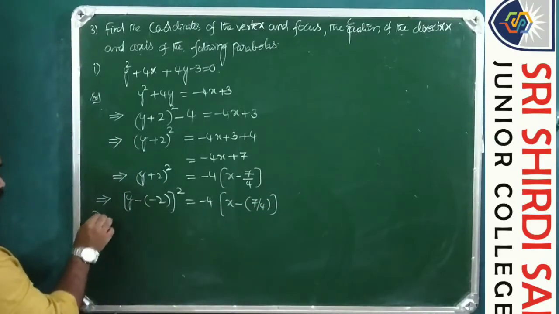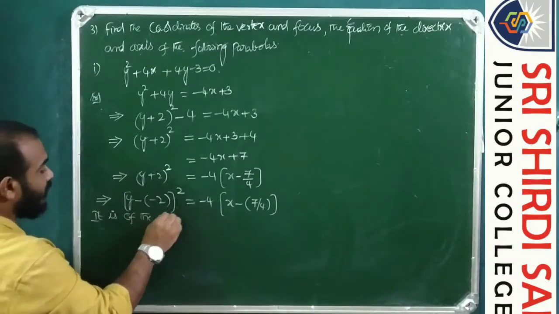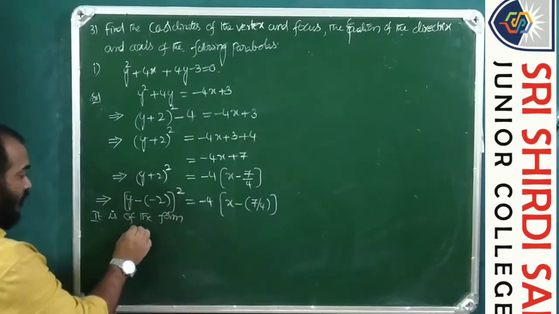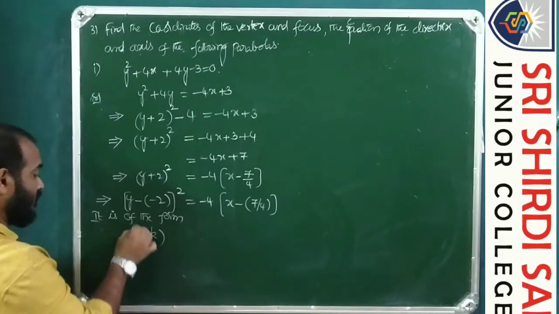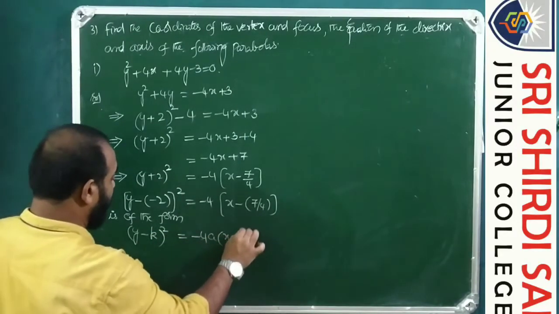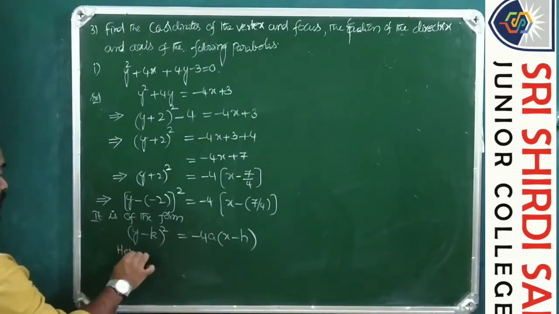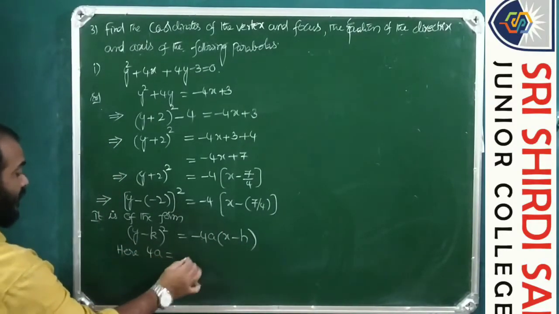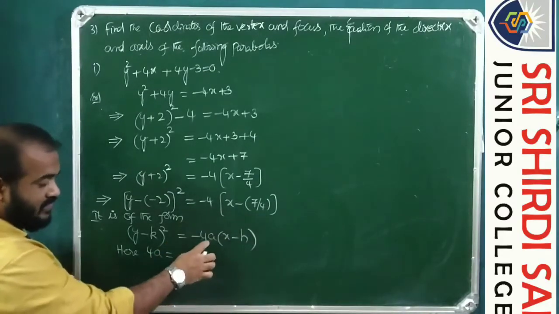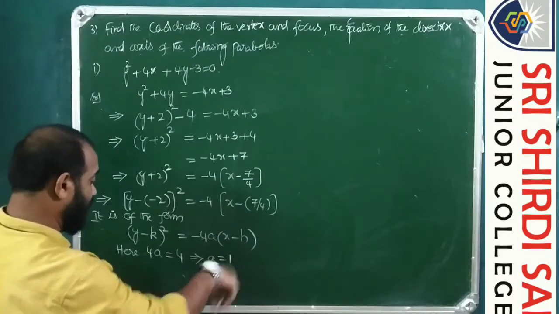It is of the form (y minus k) whole square equals minus 4a into (x minus h). So here, in the place of 4a we have 4, so a is equal to 1.